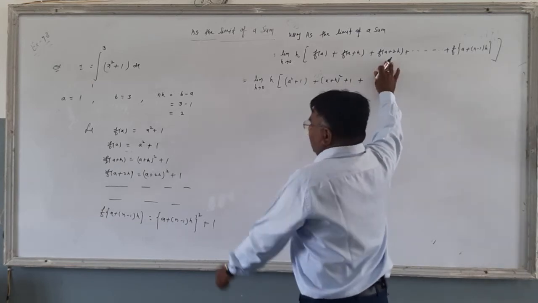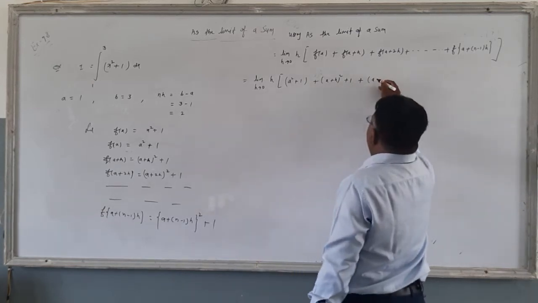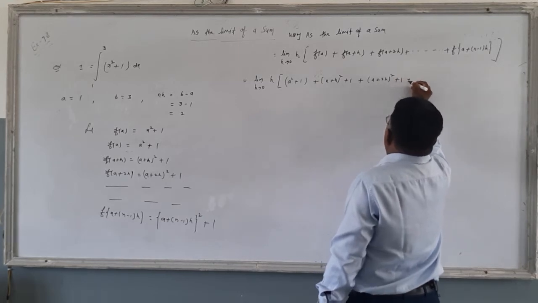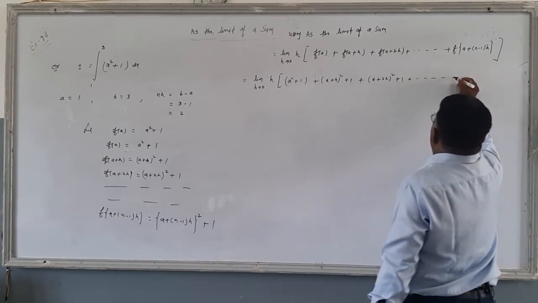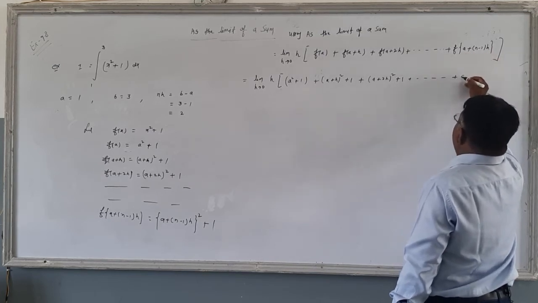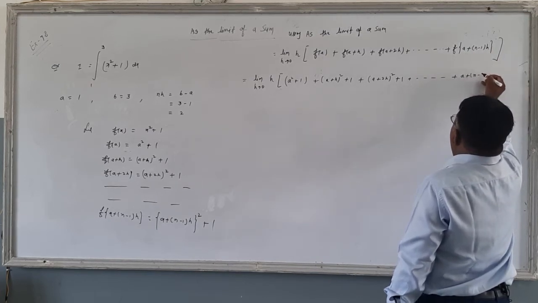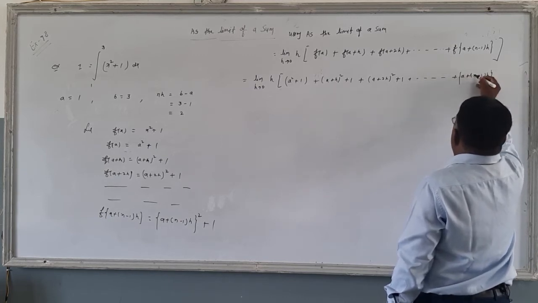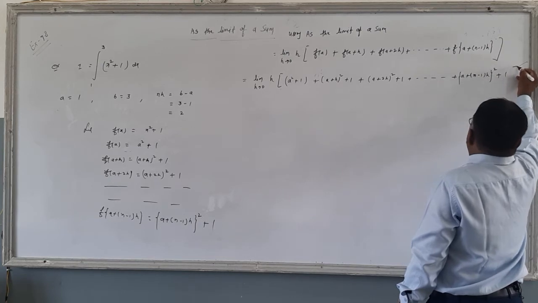What is the value of f of a plus 2h? Then a plus 2h whole square plus 1. And so on is the last value. What is f of a plus n minus 1 into h? That is a plus n minus 1 into h whole square plus 1.